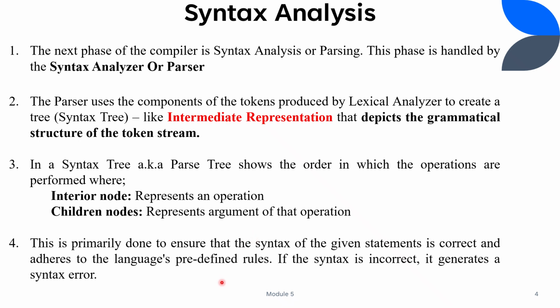This is basically done to make sure that the syntax of the given statement is correct. That is, every statement is written syntactically correct and it is adhering to the language's predefined rules. In case the syntax written by the programmer is incorrect, then the syntax error stops the execution and it generates a syntax error.